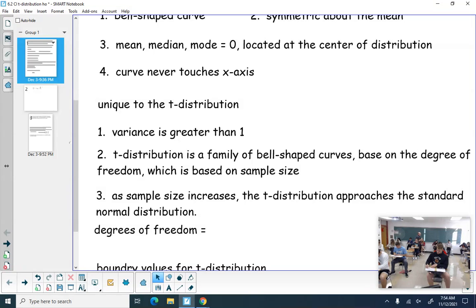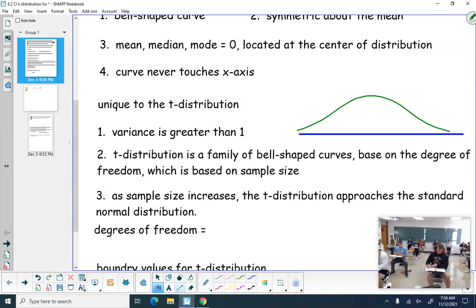And that's as n increases, or sample size increases. We have our normal distribution.